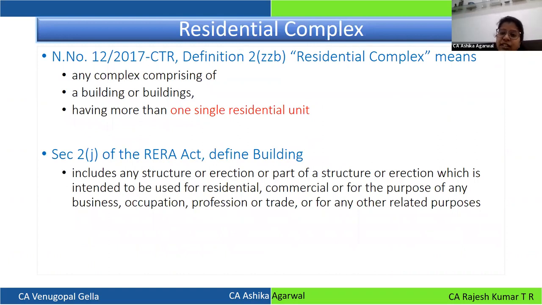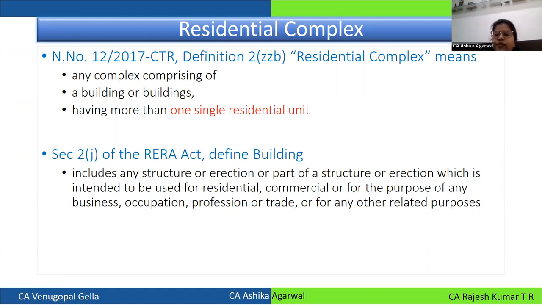Now coming to residential complex. What does residential complex mean? They have defined it as a complex comprising of a building or buildings having more than one single residential unit. Now, the words building and buildings are not defined under GST, but the RERA Act defines buildings, which include any structure, erection, or part of a structure or erection, which is intended to be used for residential, commercial, or for the purpose of any business, occupation, profession, trade, or any other related purpose.